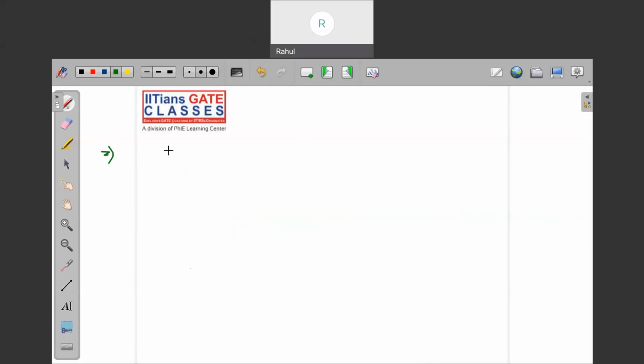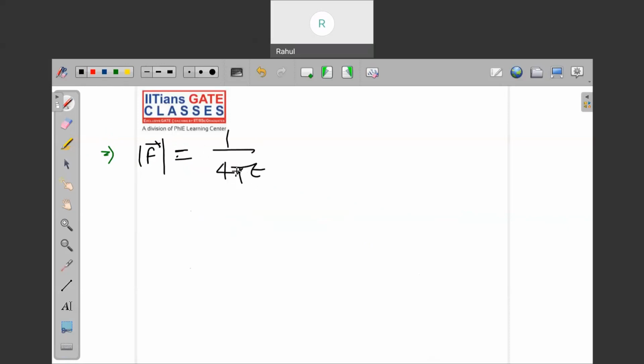If I open this proportionality sign, the magnitude of the force is equal to 1 upon 4 pi epsilon.